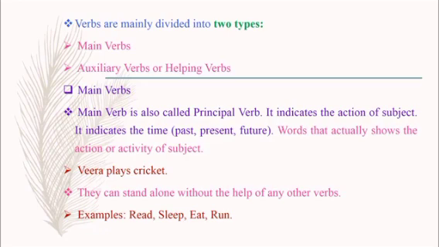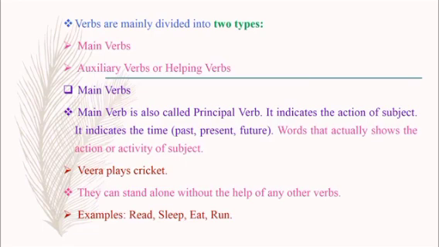Words that actually show the action or activity of the subject. For example, Veera plays cricket. They can stand alone without the help of any other verbs. Here, they refers to main verbs.